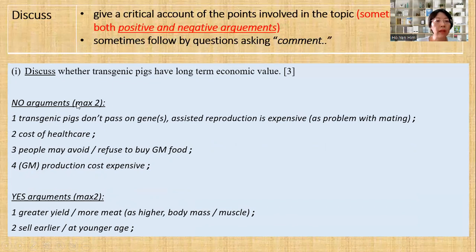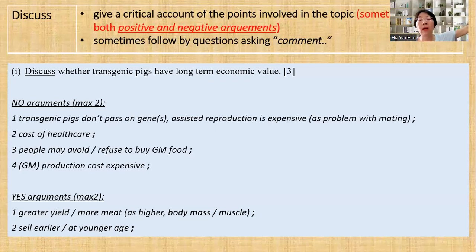Do you have a long-term value or not? No, because the transgenic pigs don't pass on their genes to the offspring. Now, this one, you have to read the passage. It says that the transgenic pigs, because they're very stressed, do not interbreed. That means they will not breed with other pigs.